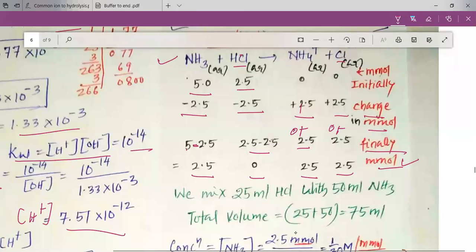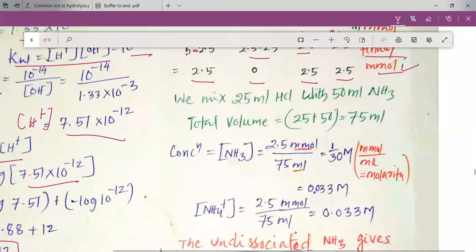Now my dear students, if we want to calculate anything, we need concentration in mole per liter, that is molarity. So we need the volume in liters. We mix 25 ml HCl with 50 ml of NH3, so the total volume becomes 75 ml. So now the concentration of ammonia is equal to 2.5 millimole divided by 75 ml, that is 1 by 30 mole per liter.